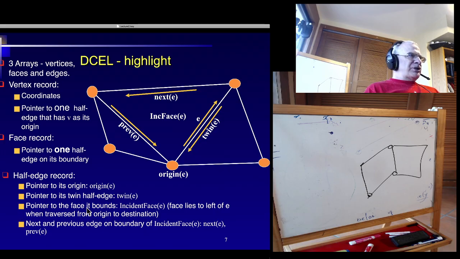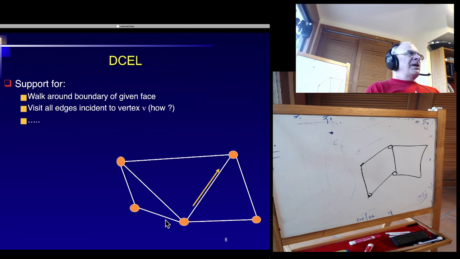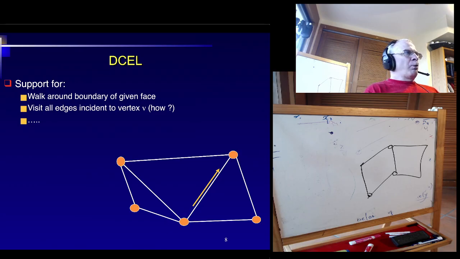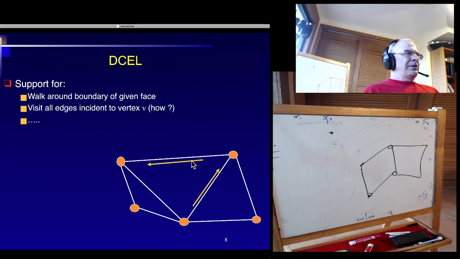It tells me which face this half edge belongs to, a pointer to the incident face, and the next and previous half edges on the boundary of the incident face. And that's enough.